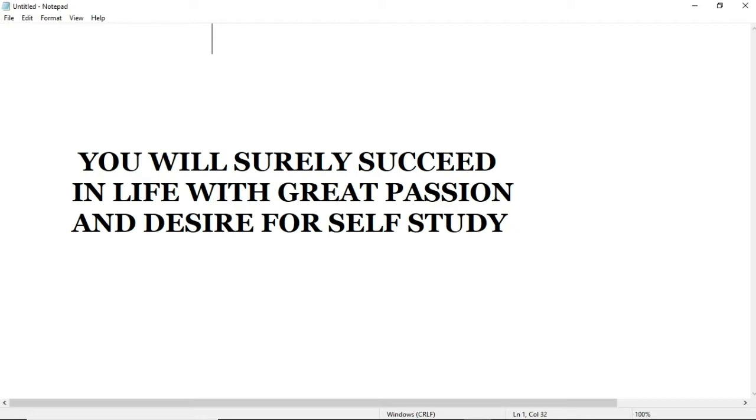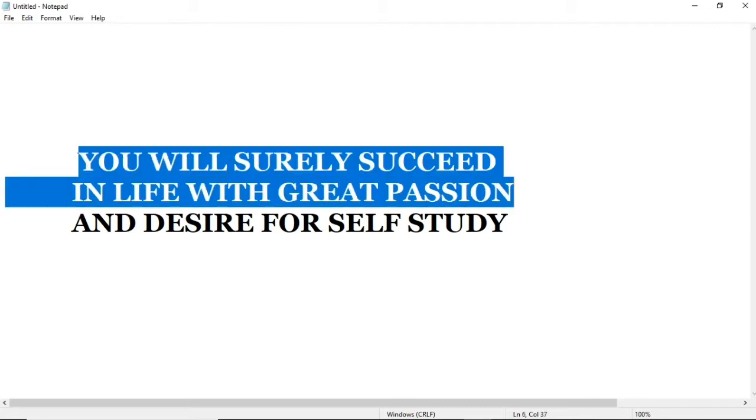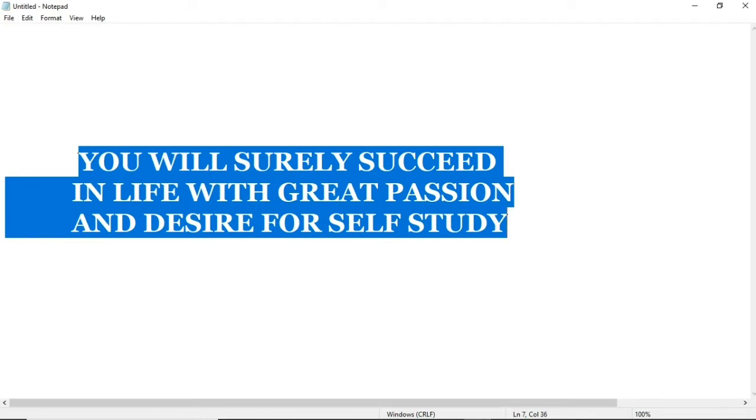Read this quote. You will surely succeed in life with a great passion and a desire for self-study. Yes, this is the quote about self-study. The best way of preparing for anything, exam or general studies, is self preparation.